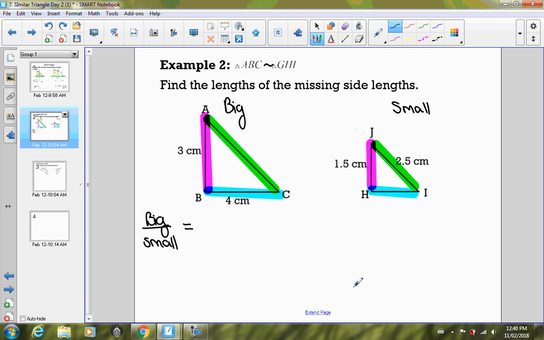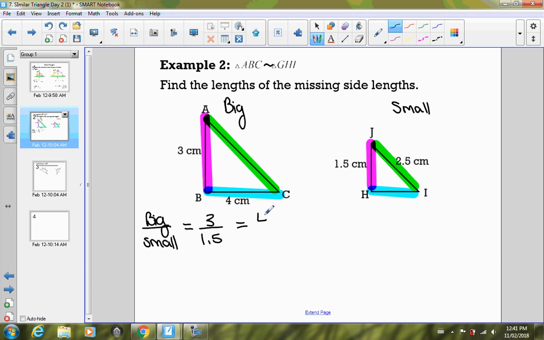Okay, so I'm going to write an equal sign. I'm going to start with the big triangle and pick any side length that I want. So let's start with the purple. I'm going to go purple big over purple small. So that's 3 over 1.5 is equal to, let's do blue.